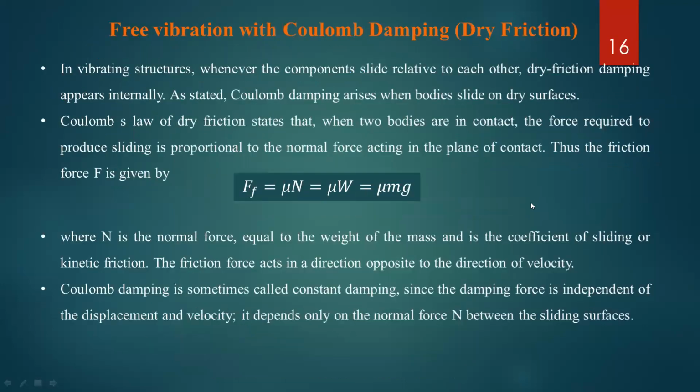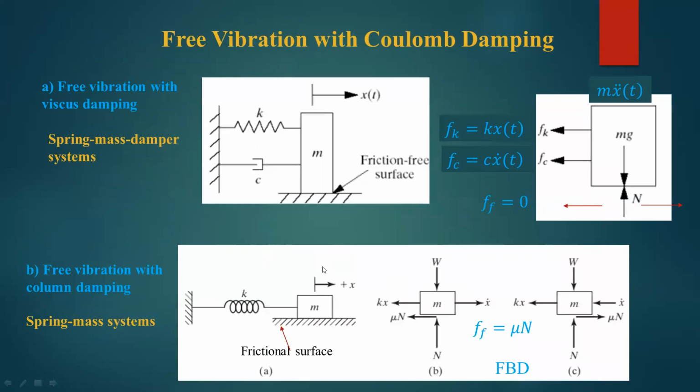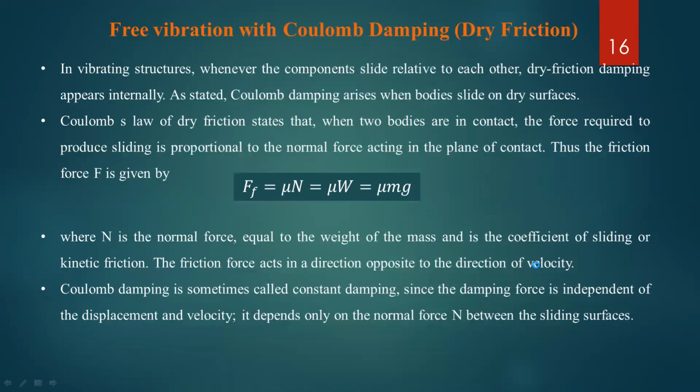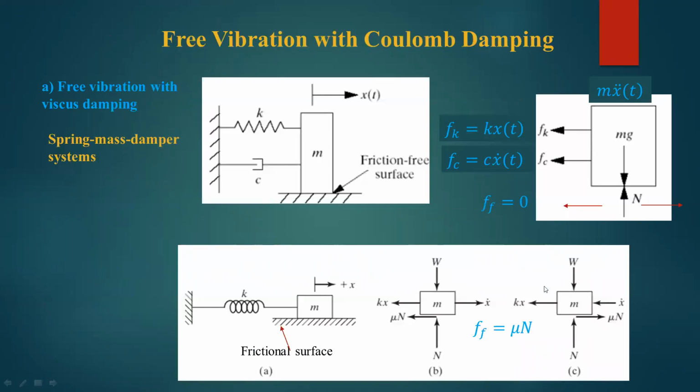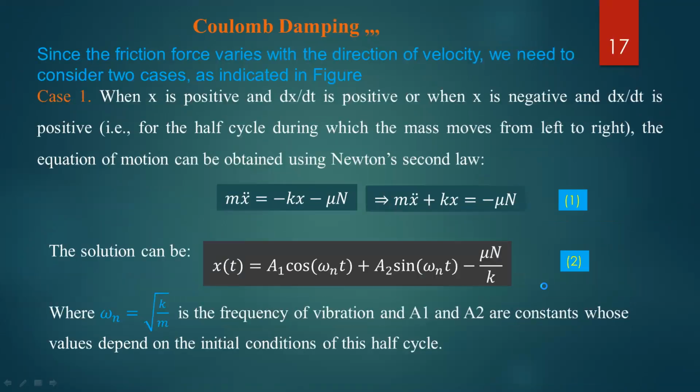The motion of this block initially from here to here is case A. During this time, the mass is moving forward in this direction. But in the second case, the mass is moving in this direction, so the opposite direction is this. Friction is acting in the opposite direction, this indicates. So what we have in case 2 is this one.